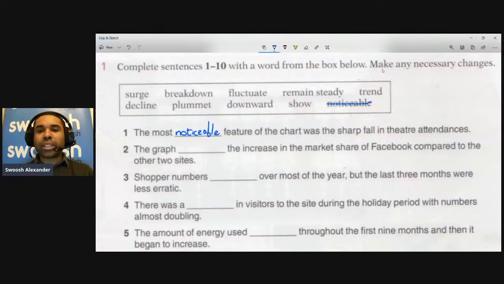So remember, part of the task says make any necessary changes. And so we can use the word show, but because it's singular, the graph, we need to use the third person singular form of the verb, so it would be shows. So that's the answer to this one. The graph shows.